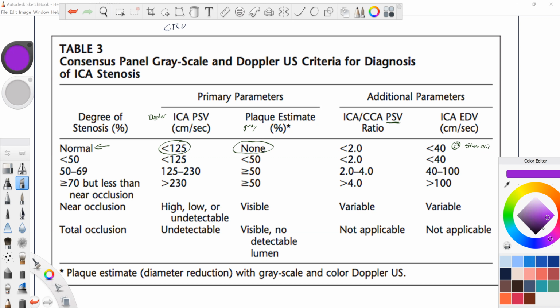We find a peak systolic velocity still under 125. We now see some plaque, but it seems like it's less than 50%.